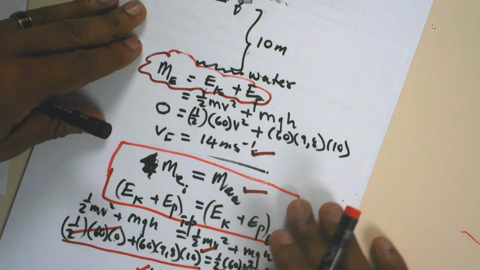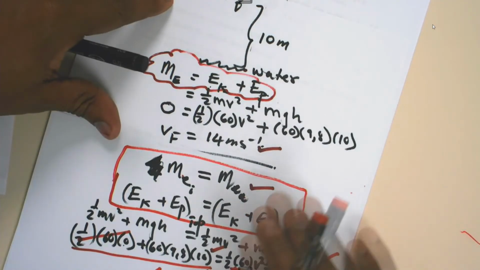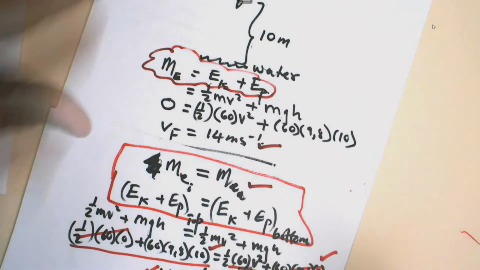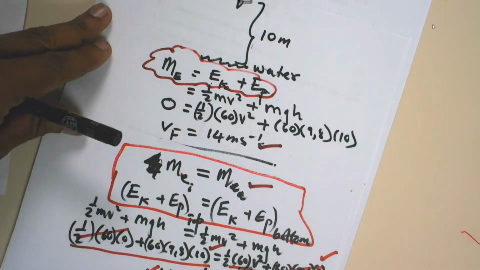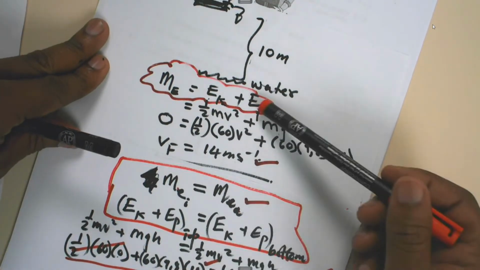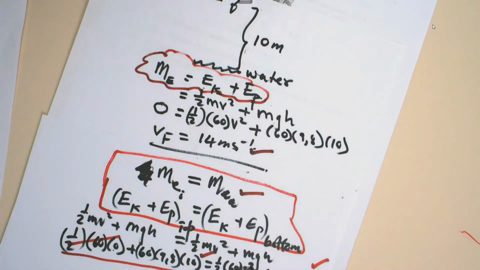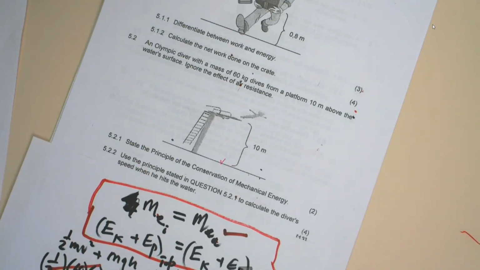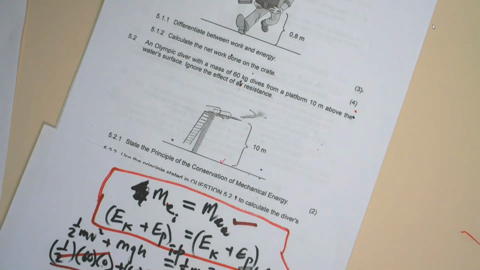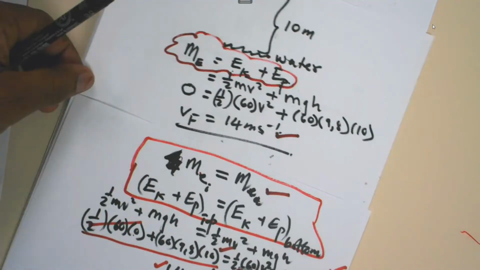So you lose a lot of marks in work, energy and power because of this particular problem. So it makes your life somehow complicated and complex, because honestly, if we cannot apply the principle, automatically we are losing marks. Hence the question was very clear: use the principle stated in 5.21. So we lost a lot of marks there because we did not apply the principle.